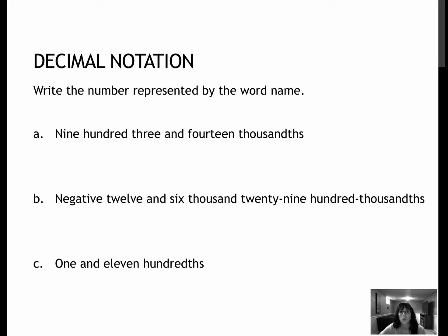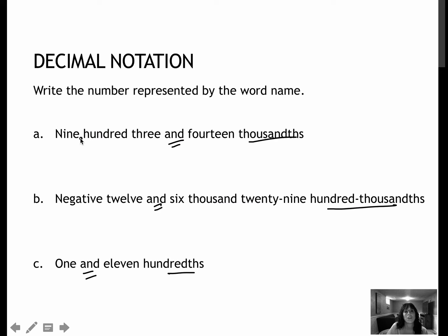For these questions, we're just going to go in the opposite direction. So they are giving me the word form, and again, we're going to look very closely for that word "and," so that we know where the decimal will go. And then we're just going to write the numbers to the left and the numbers to the right. Remember, the numbers to the right, we're going to be looking for that final place value to help us know where to end our number.